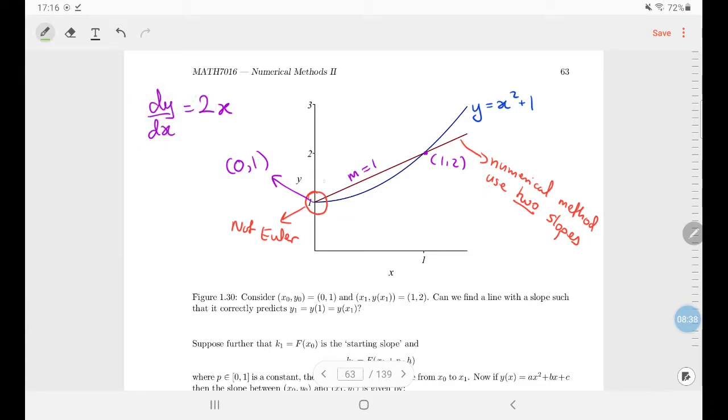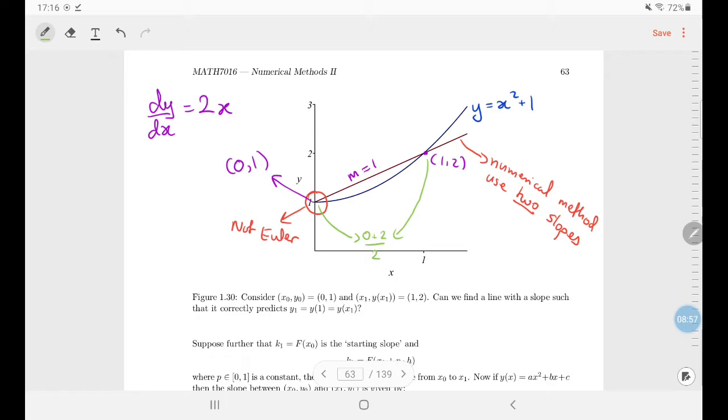The first is combine the slope here and the slope here. The slope here would be 2 times x, 2 times 0 is 0. The slope over here, 2 times x, 2 times 1 is 2. And average them out and you get 1.